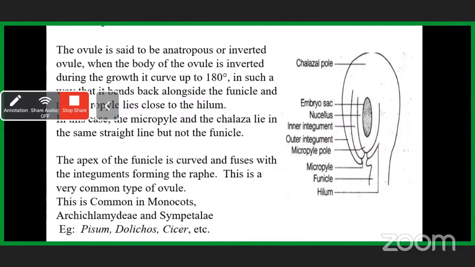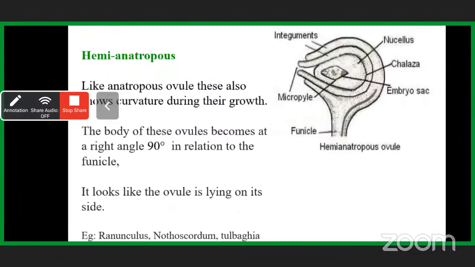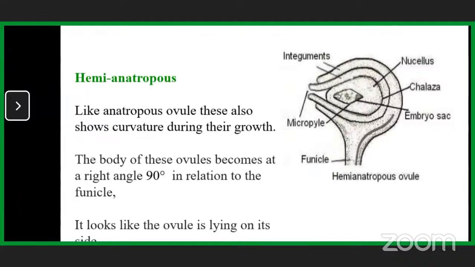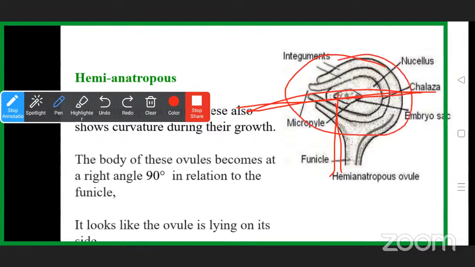Okay, and the next is hemianatropous. Here, what happened? The ovule body bends 90 degrees, not 180 degrees, 90 degrees, perpendicular. The funicle is straight, perpendicular to the ovule body, 90 degrees to the funicle.